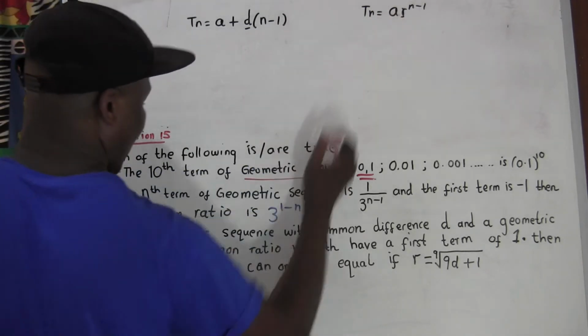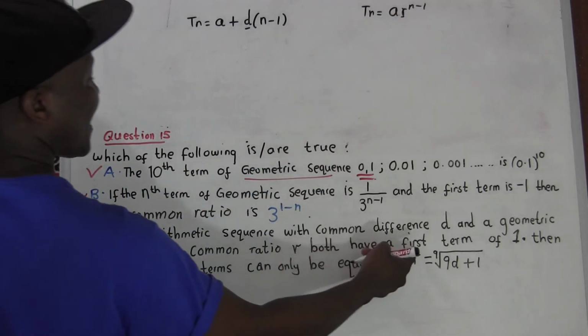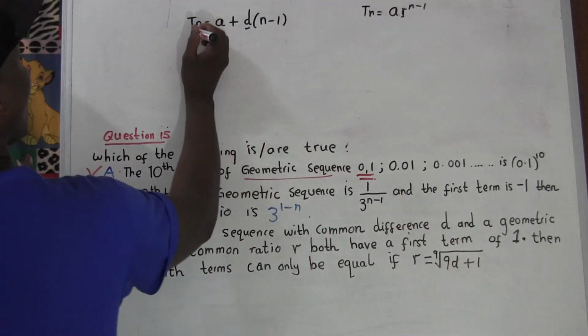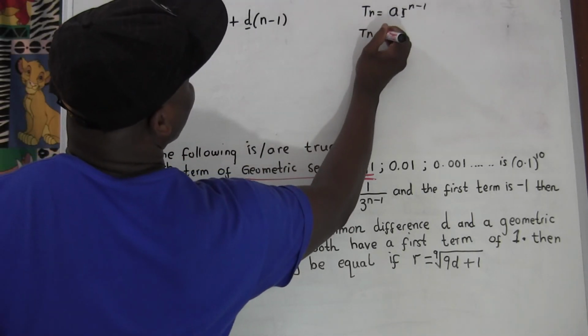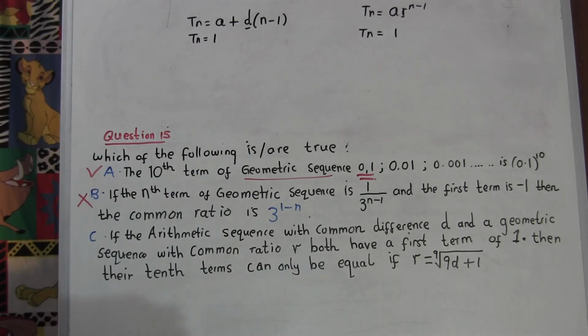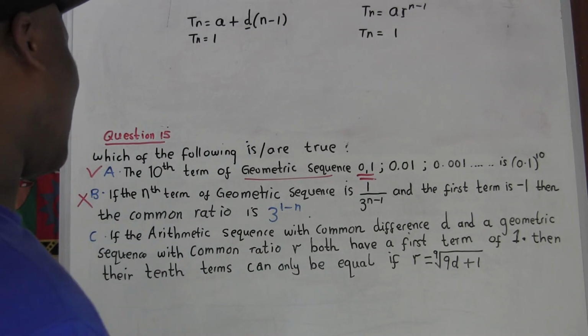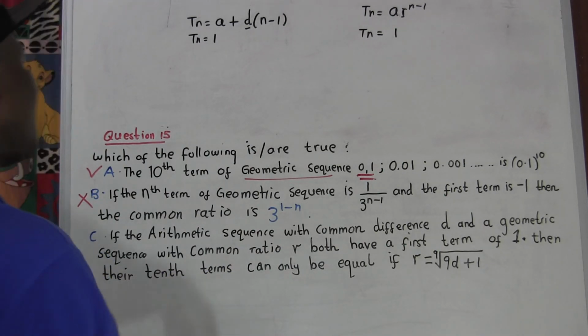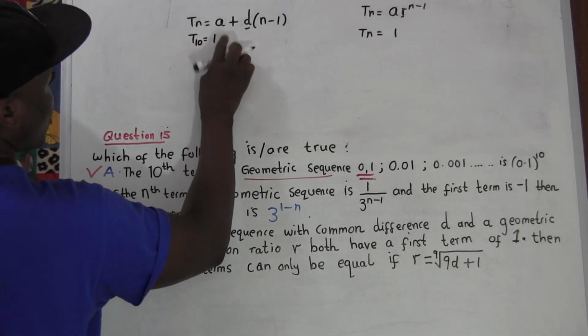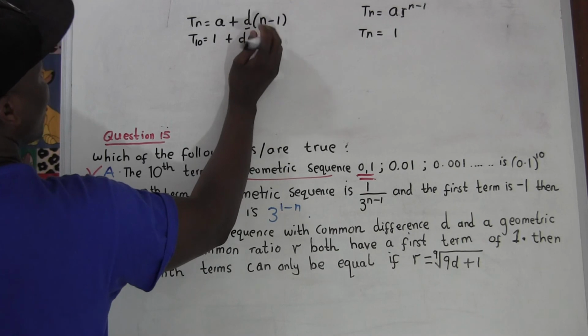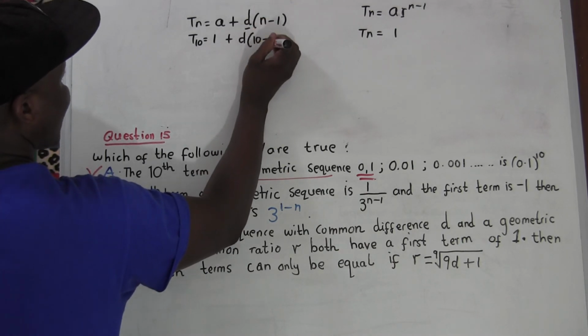Common ratio r. Now what do they want, these people? Both have the first term of 1. So this Tn equal to 1 and this Tn here equal to 1. But I shouldn't say Tn because I don't know which term to talk about. They are the 10th term, meaning this is not n anymore. What is T10 equal to? 1 plus common difference d, I don't know, times n, which is 10 minus 1.